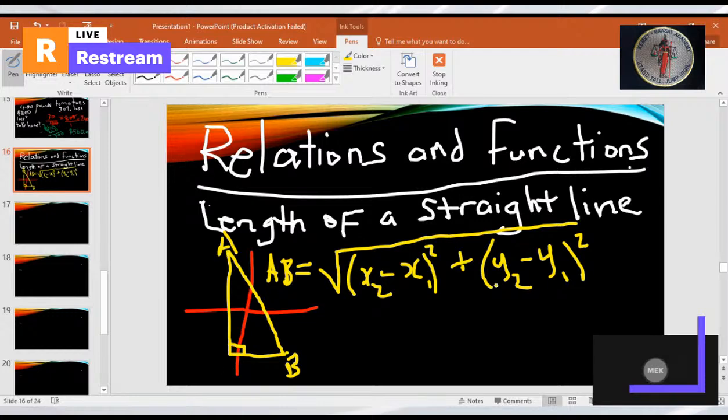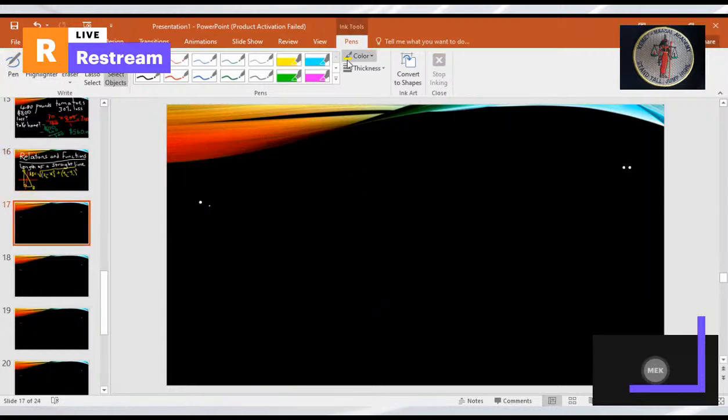So that's what we have in here. So finding the length of the line is the x difference squared plus the y difference squared, and we find the square root of the sum. So finding the length of the straight line is really Pythagoras' theorem.